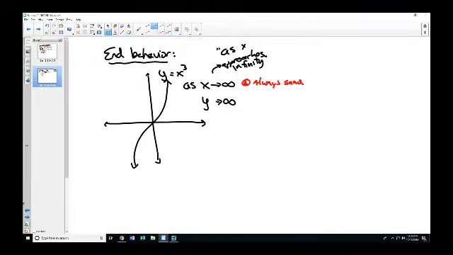What would your statement on this left side be? As x approaches, yep. Again, always the same. What is y approaching? Negative infinity. Okay. So you can analyze any graph's end behavior.